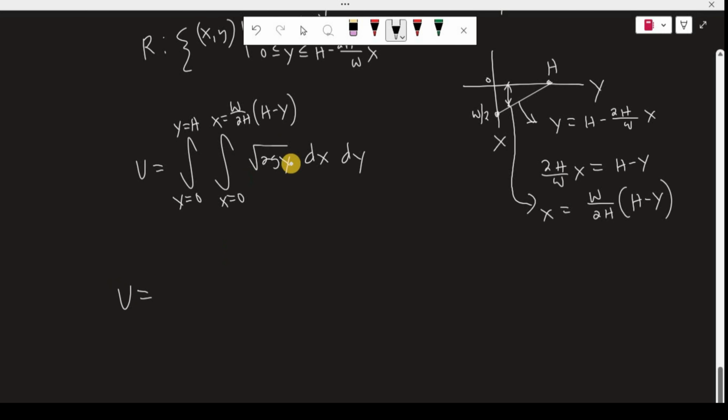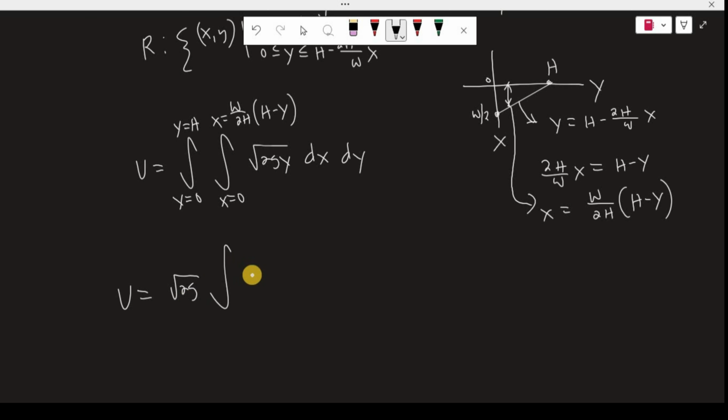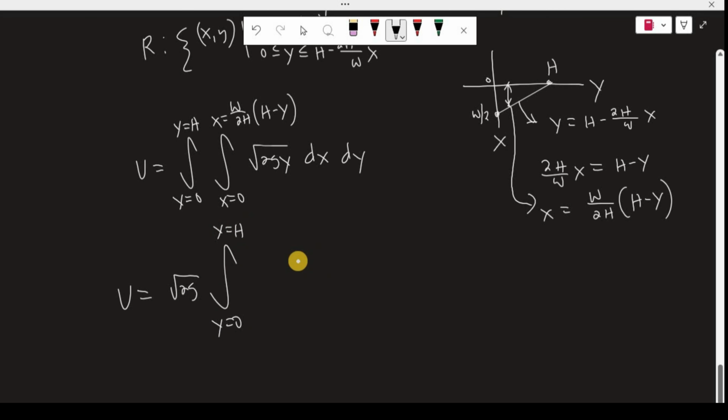Again, we need to break down this expression and put the square root of 2g at the front. y equals 0, y equals h, and then the square root of y can be written as y to the 1/2.